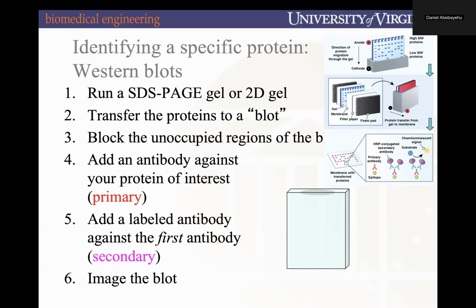Whenever you hear immunostaining, immunofluorescence, immunocytochemistry, whenever you hear immuno, think antibody. Antibodies are what allow you to detect one specific protein. Because antibodies cannot access these proteins that are embedded in this polyacrylamide gel matrix, we have to make them accessible in a certain way.